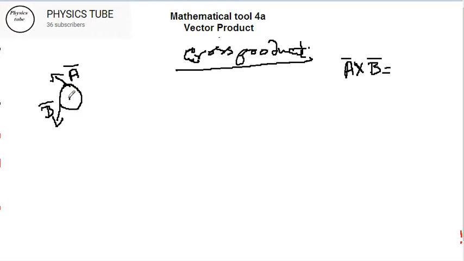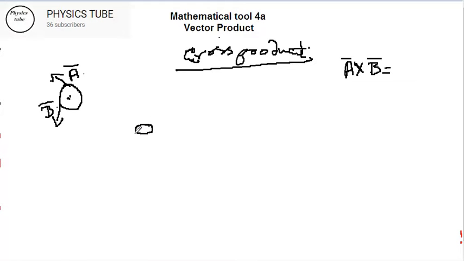This direction results in the cap moving forward, upward. Cap is moving upward. So keeping that in mind, we have to be very clear that we are talking about a third vector which is perpendicular to both A and B.